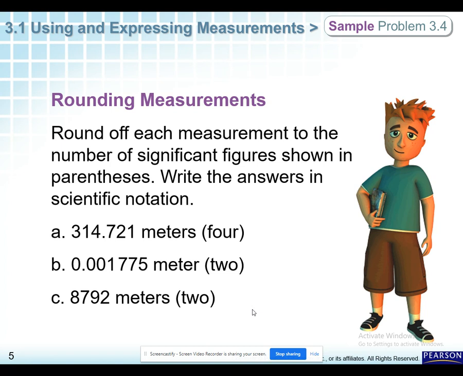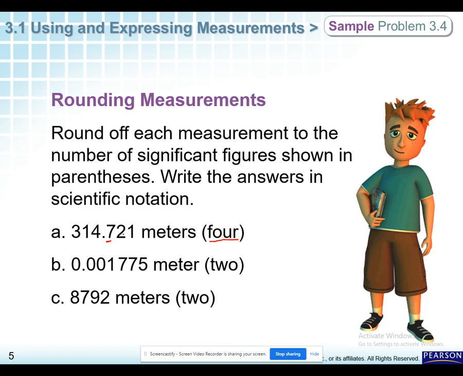So what we're going to do is round off each of these measurements to the number of sig figs shown in parentheses. So right here we have a number, and we want 4 sig figs. So what you do is you count from the left, like on the previous slide. So here's my leftmost digit. Here's 1, 2, 3, 4. So here's my last digit I'm allowed to have.